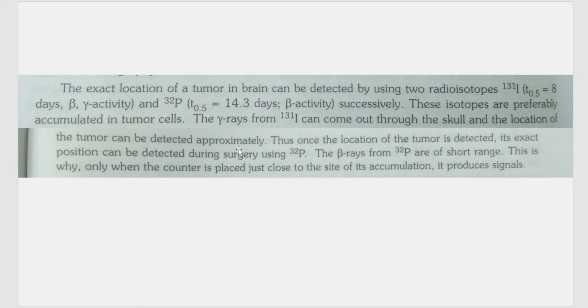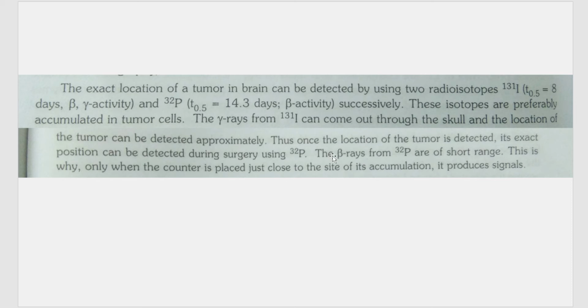First, the iodine gamma rays are made to pass through the skull, and they give you one particular area in which the tumor might be present. It does not give you the exact location of the tumor, but it gives you an area, such as the left half of the brain, or the back side, where the tumor may be present.